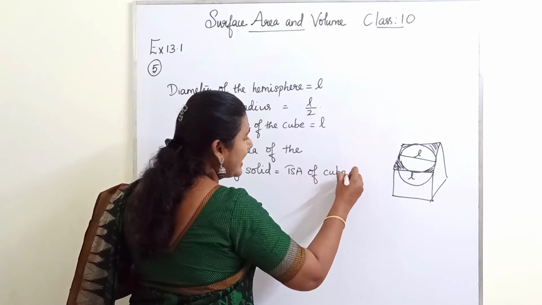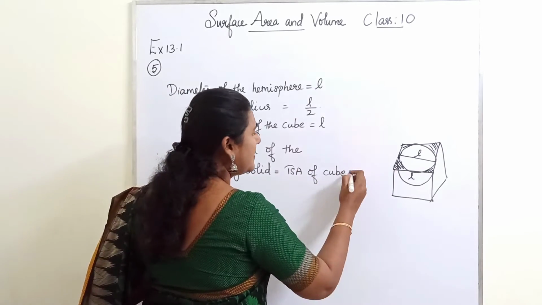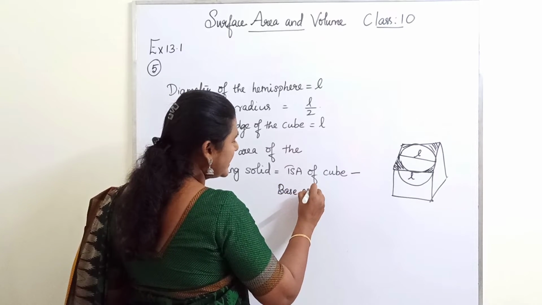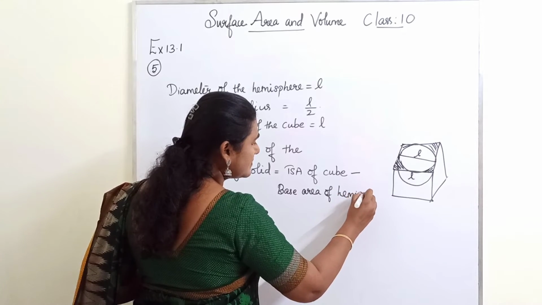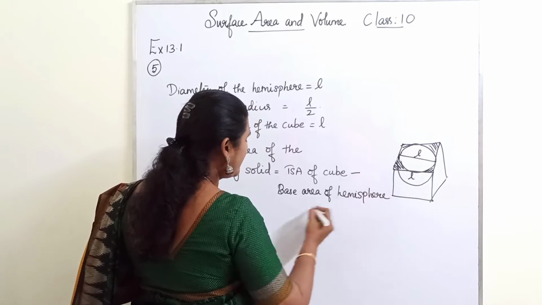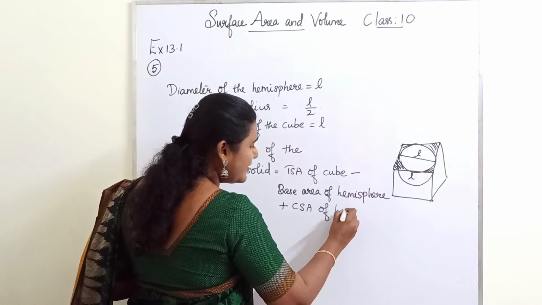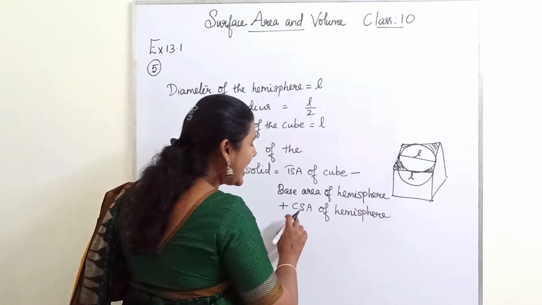So we are adding the area of all the 6 faces of a cube minus the base area of the hemisphere, plus CSA of hemisphere. Here it is plus only, not minus. Even if we are removing a hemisphere from the cube, here we have to add only.